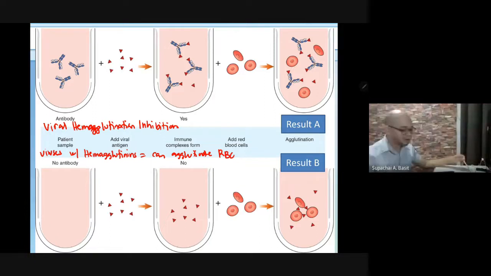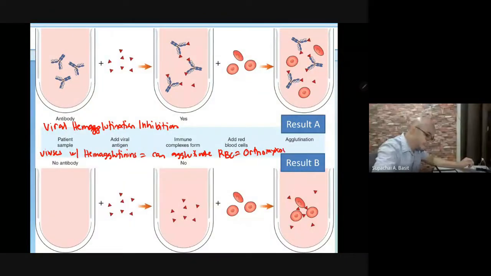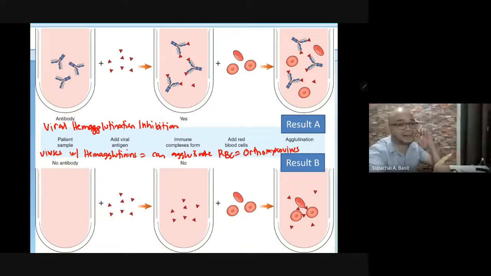An example of viruses with hemagglutinin are orthomyxovirus. So orthomyxovirus is an example of virus with hemagglutinin that can agglutinate RBC. And orthomyxovirus is katulad ng H1N1 or yung tinatawag natin na influenza virus.